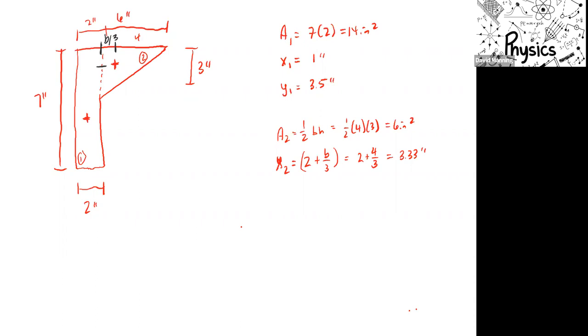Likewise, from here to here is h over 3. So this is 1 inch. That makes this 2 inches. So y2 is from here to here, right? If this is 1 inch, that makes this 6 inches. Y2 is 6 inches. Do you see how I got that?